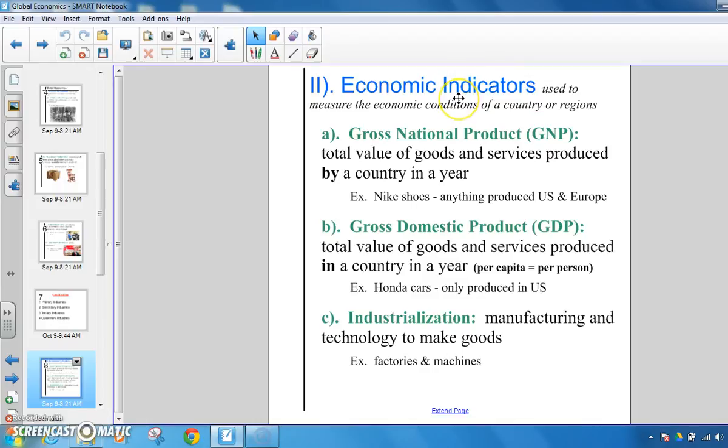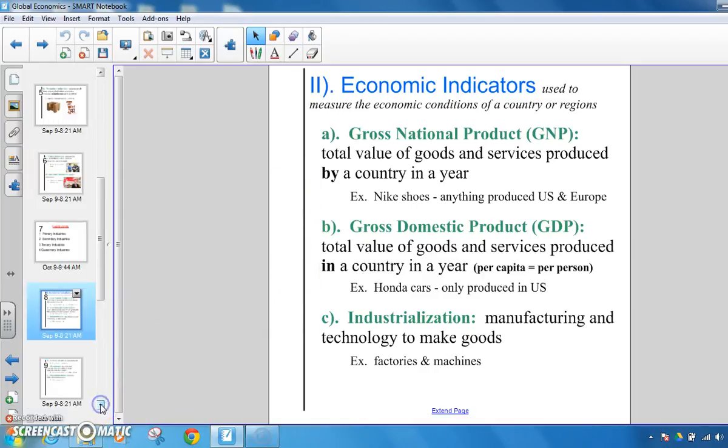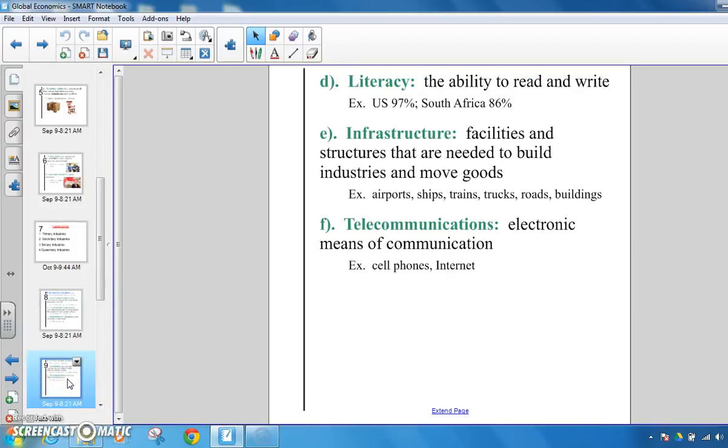Economic indicators tell me how rich or poor a country is, and so these are some vocabulary terms you're going to get down. And as you copy them down, make sure on the left-hand side here, you put in a picture for each. You're going to go through this slide and this slide with the sub or the teacher. You can pause this video now.